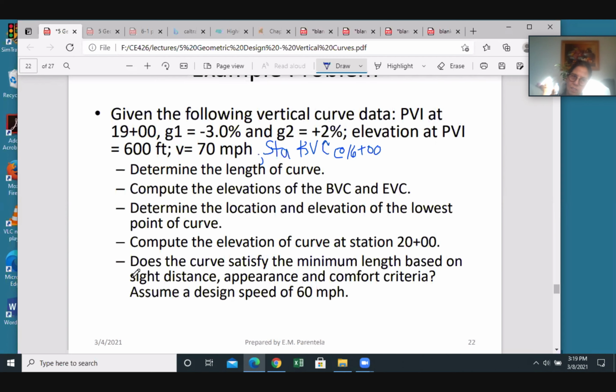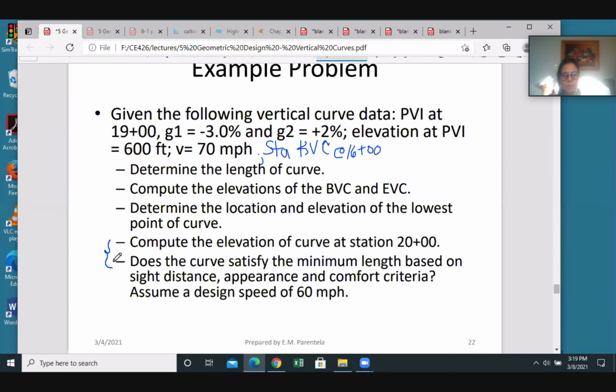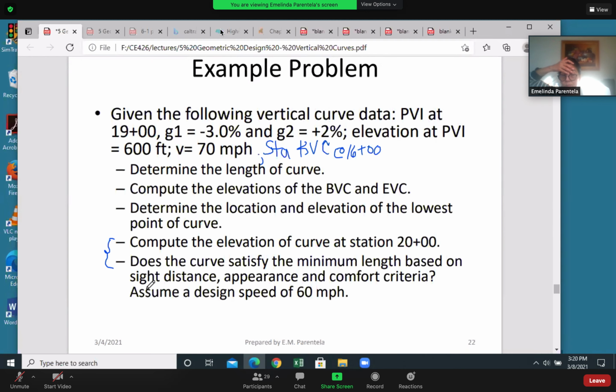That's again the question wherein you need to know if the length of curve is okay. These two we'll look at on Thursday. Meanwhile, maybe you can try solving this at home. The activity is also posted, so please take a look at that. If you have any question, we can discuss it on Thursday.